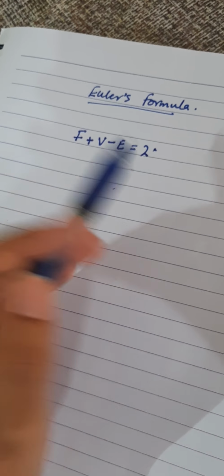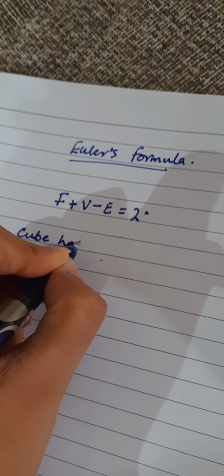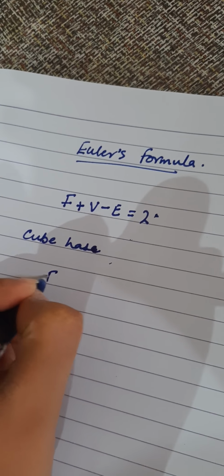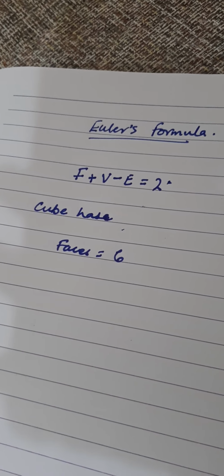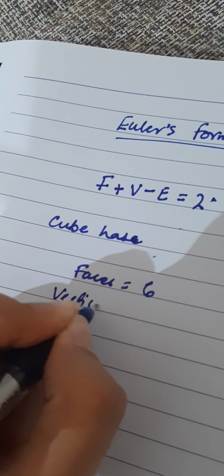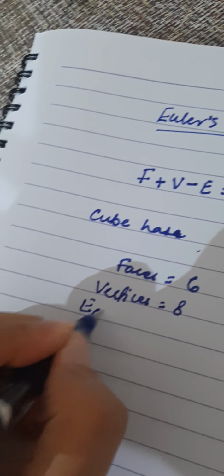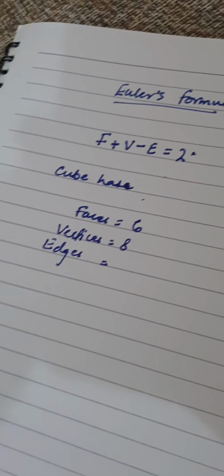Alright, so for example, a cube has 6 faces and the number of vertices is given as 8, and you have to find the number of edges in a cube.